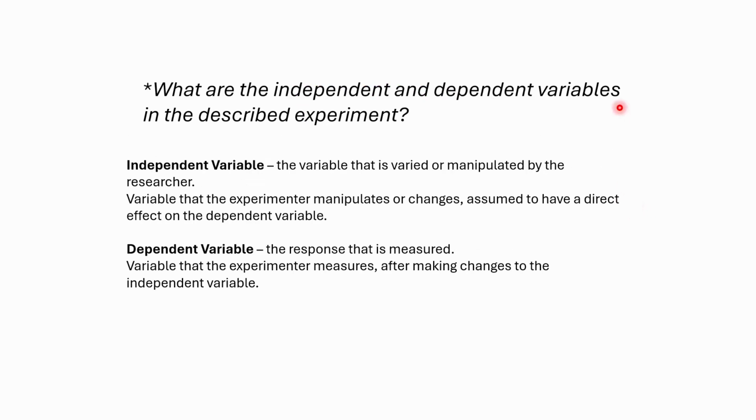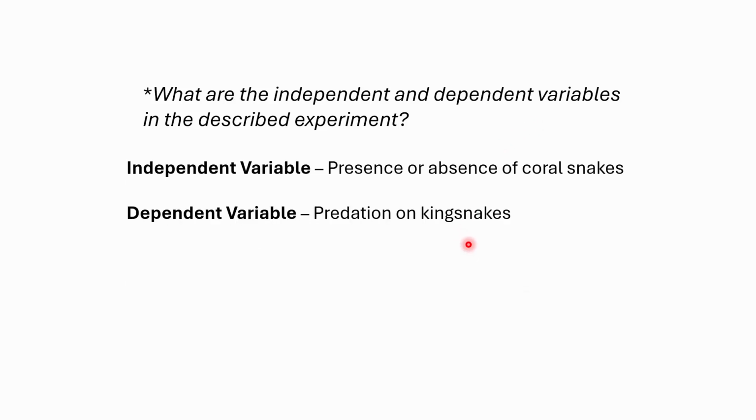Okay, so the question is, what are the independent and dependent variables in our described experiment? What is manipulated by the researcher and what is measured? In our case, what we know we're going to measure is the predation on the snakes. The independent variable is the presence or absence of coral snakes.